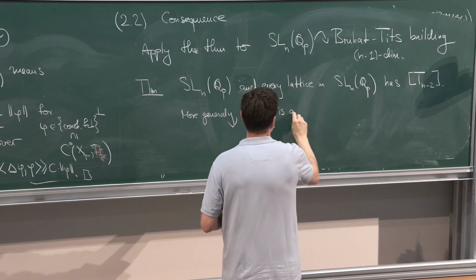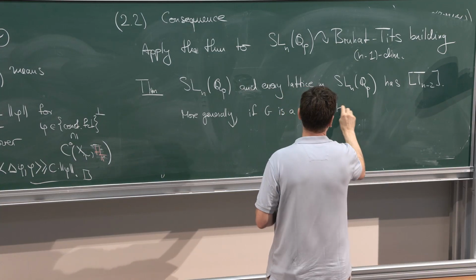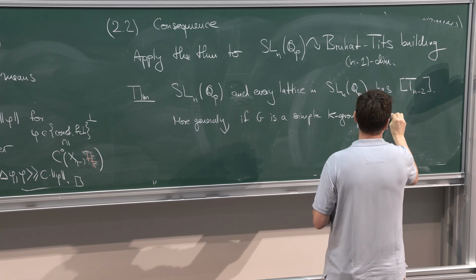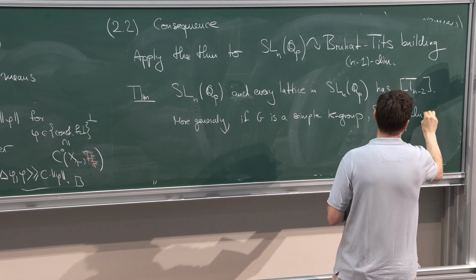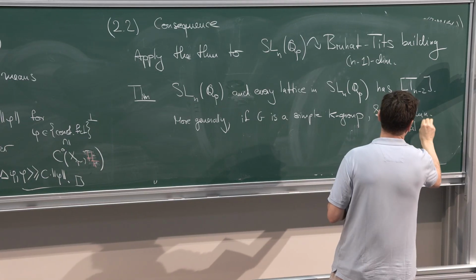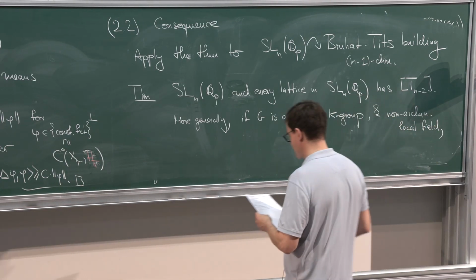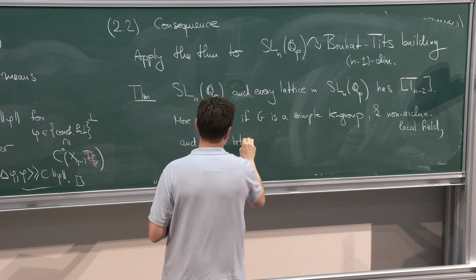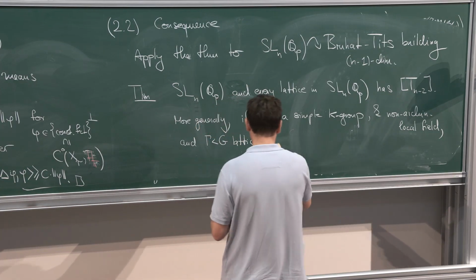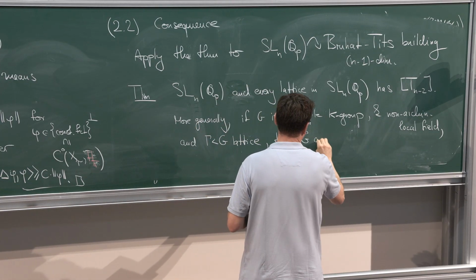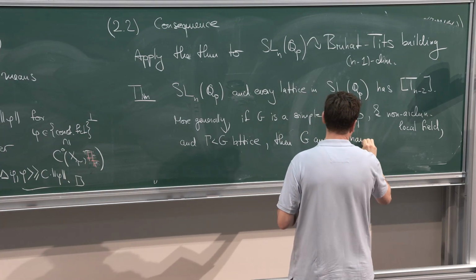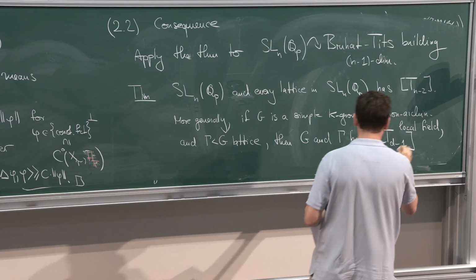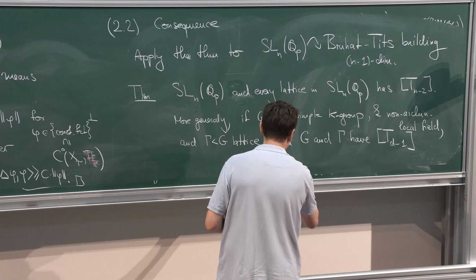if G is a simple group over K, K is a non-Archimedean local field, and gamma is a lattice, then G and gamma have this property, higher property T, but now d is the rank.